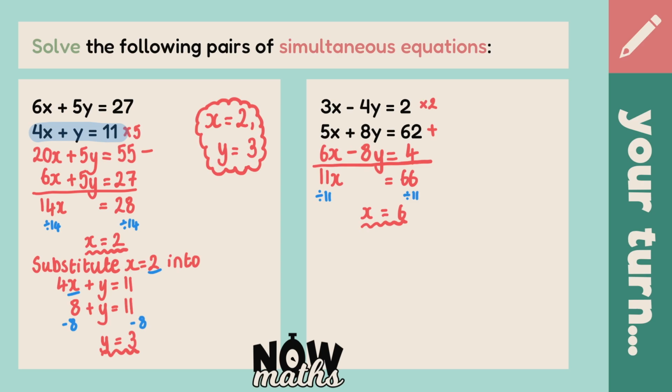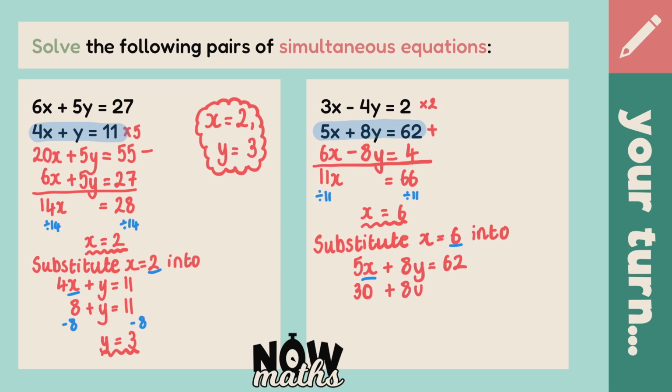We now substitute this value back into one of the equations we started with, and I'm going to opt to substitute into the bottom equation where all of the numbers are positive. So when we replace x with 6, 5x becomes 5 multiplied by 6, which is 30. And we have add 8y equals 62.